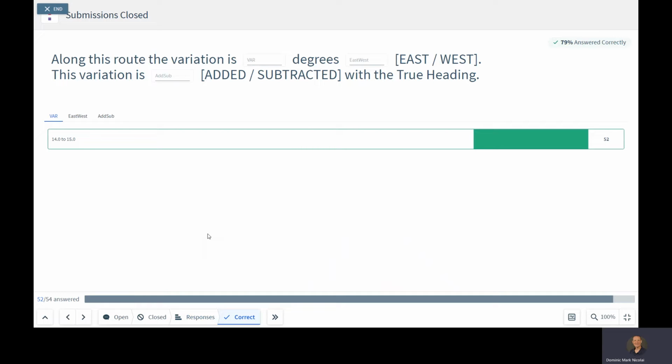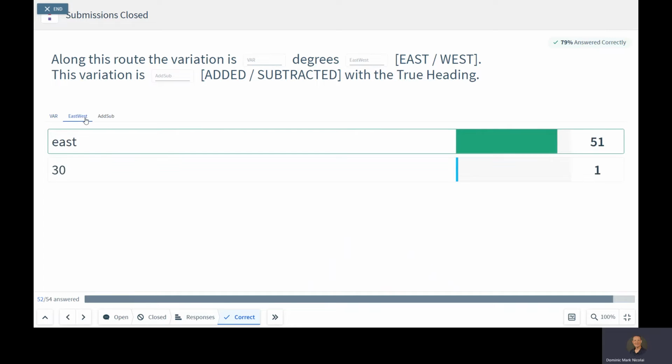All right. So it's an interesting one. 14.5 degrees of variation. It's getting far out west. That's how they start depicting it there. And it is an east direction. Right. And do we add or subtract? Well, east is least, so we do subtract. It is subtracted right there.